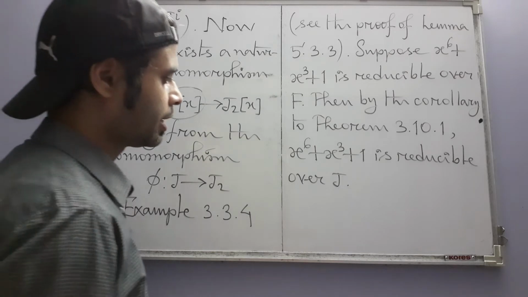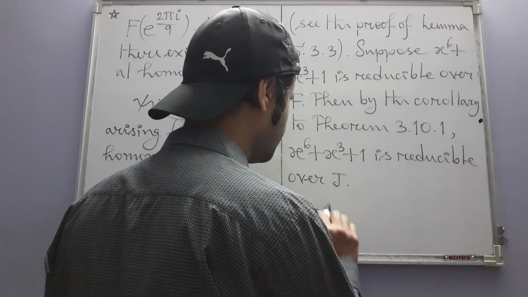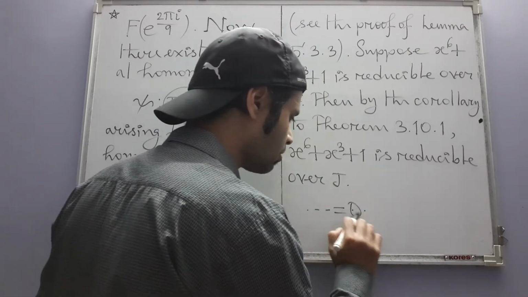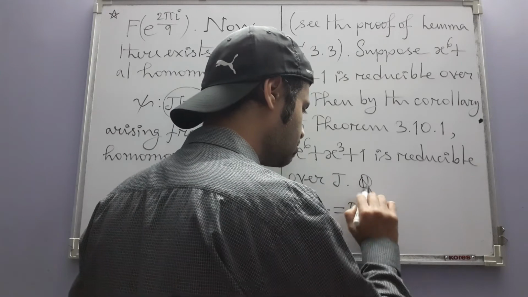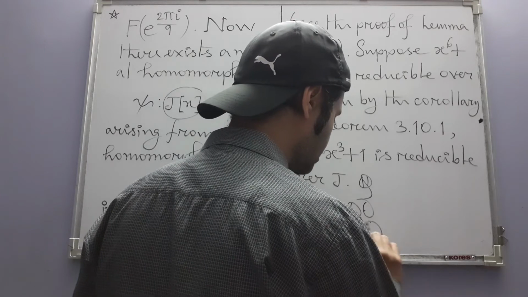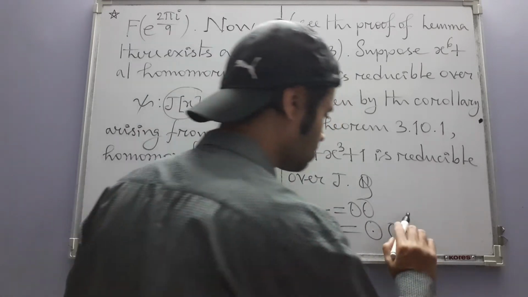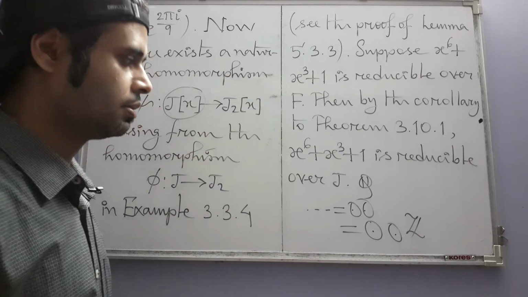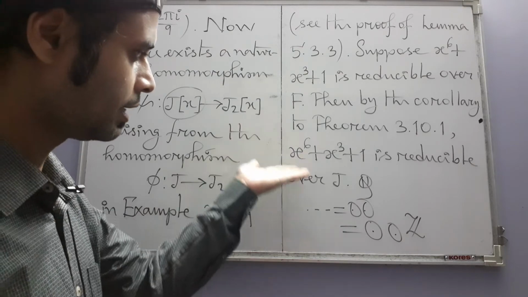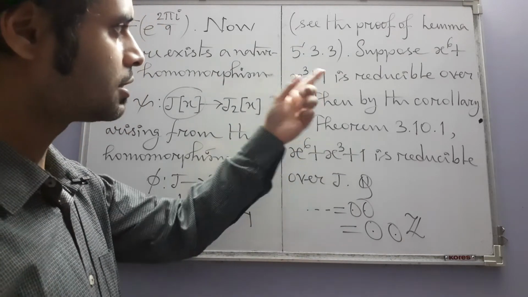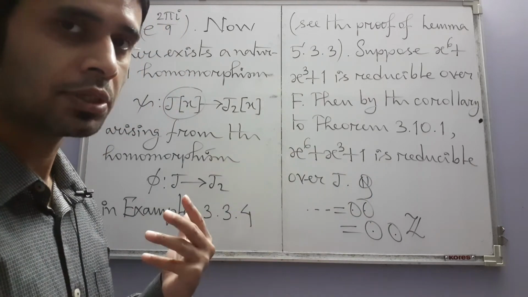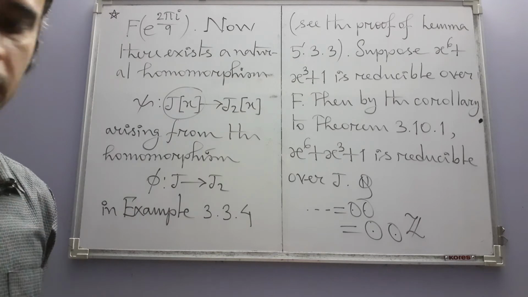It says that if you have a polynomial which can be written as a product of two non-constant polynomials with rational coefficients, then it can also be written as a product of two non-constant polynomials with integer coefficients if your original polynomial has integer coefficients. In fact, that is the case here. Okay, so if it is reducible over F, then it's also reducible over J, the ring of integers. And what does that mean?